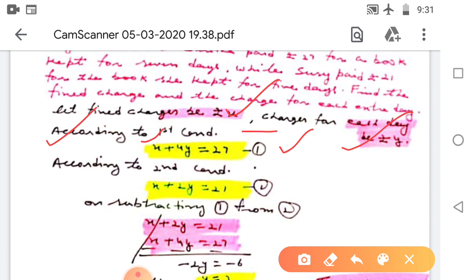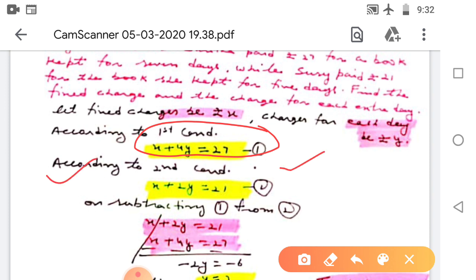So the equation is x plus 4y is equal to 27. The fixed charge for 3 days is x rupees, the book was kept for 7 days, and 7 minus 3 is 4, so the charge for 4 days is 4y. Your first equation is x plus 4y is equal to 27. Now according to the second condition, the book was kept for 5 days.